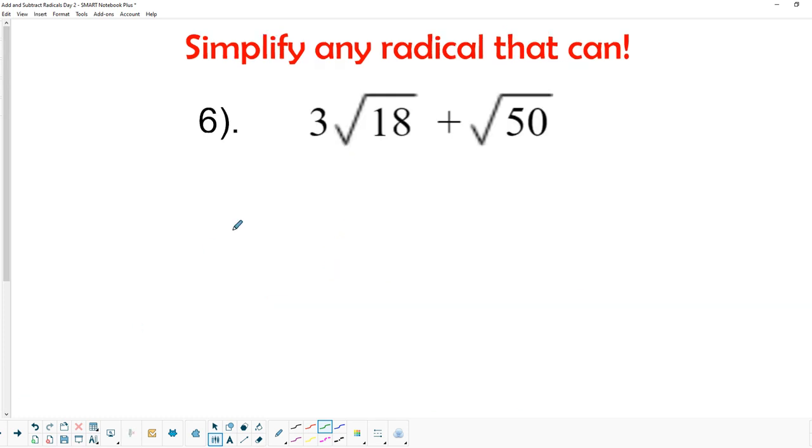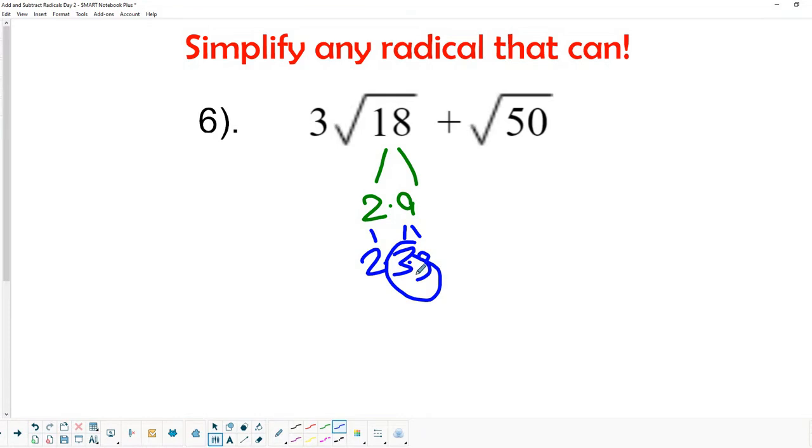Okay, this is the last example on this particular set. So 18 breaks down into 2 times 9. We better get a different color for a minute. And 2 breaks down into, well, this one breaks down into 2 times 3 times 3. And we have a 3 right here.